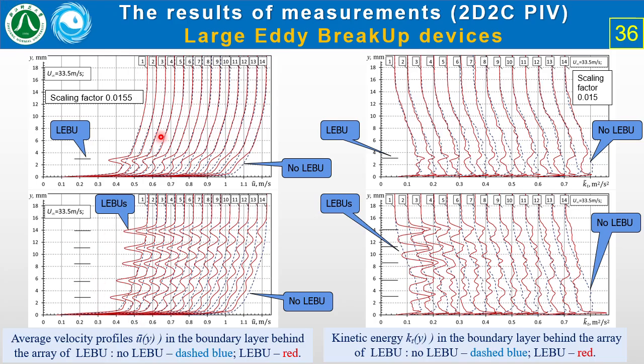We can see that even in the case of the presence of only one large eddy breakup device, it allows us to strongly modify the velocity distribution and increase the velocity defect, as well as reduce the level of kinetic energy of turbulence in the surface vicinity. As a result, it is natural that the friction drag will decrease.